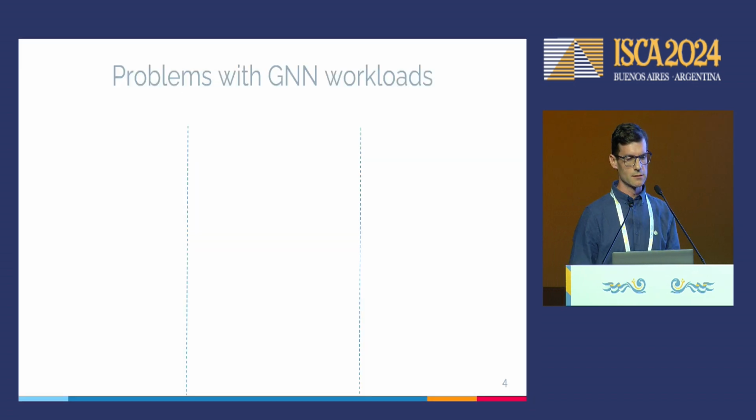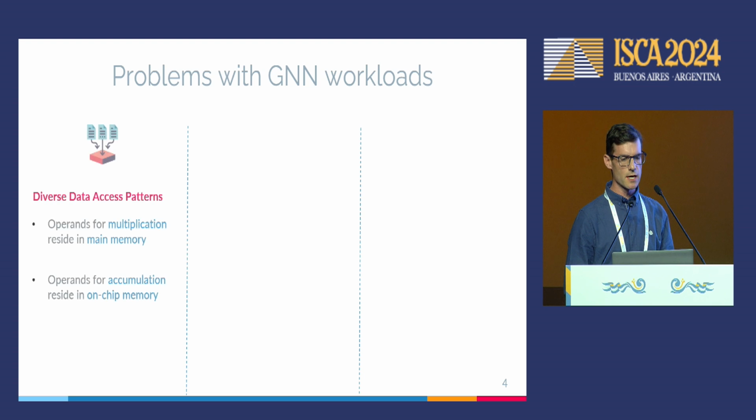In more detail, regarding the main problems in GNN workloads and looking into matrix-matrix multiplications, accelerators typically combine these two, multiplication and accumulation, in single engines. But we proved that this mapping is inefficient, basically because there are diverse data access patterns for each of these two operations. First, for multiplications, the data need to be fetched typically from memory.